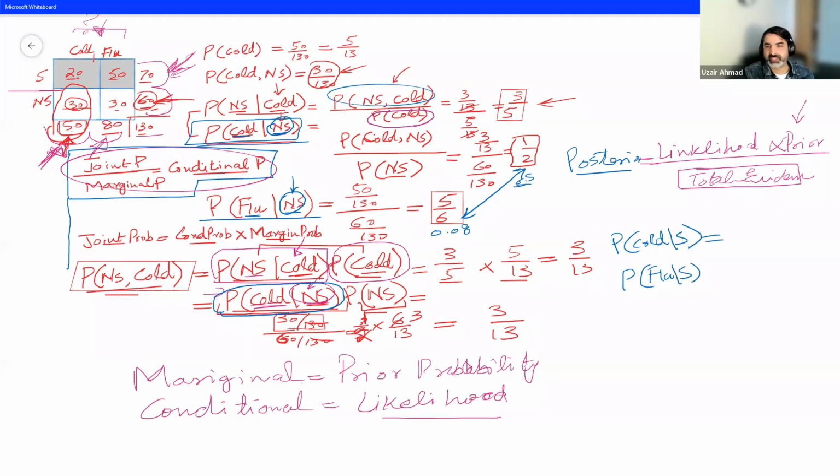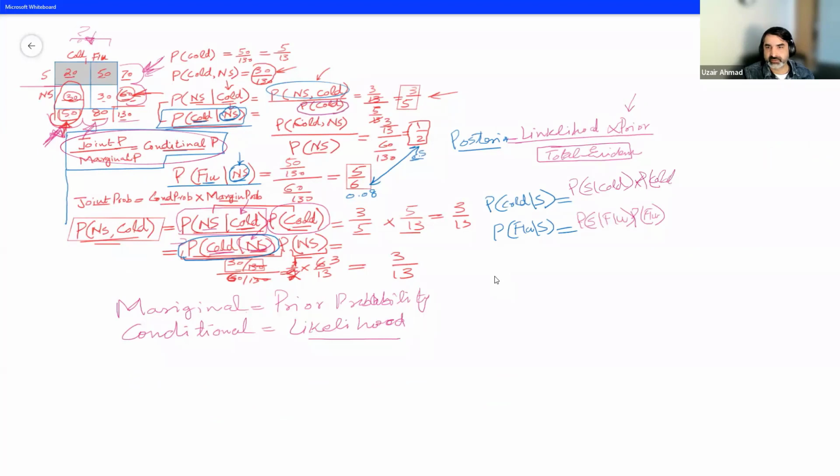So these two probabilities will be calculated by multiplying likelihood of sneeze given cold multiplied by probability of cold, and then probability of sneeze given flu multiplied by probability of flu.